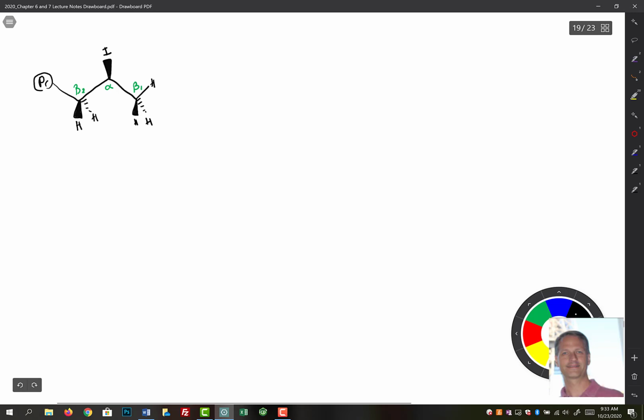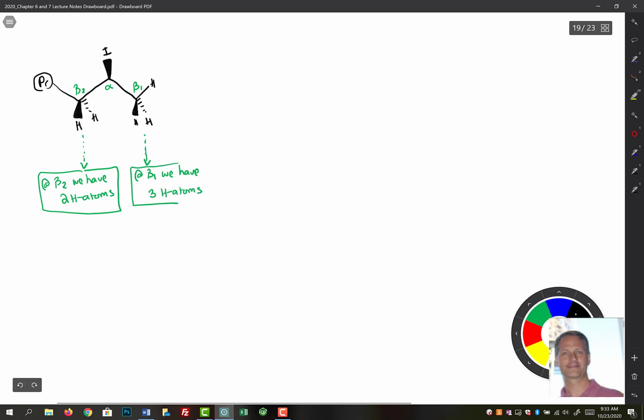And then let's make a little note down here because I want to show you a trend. So here at beta 2, we have 2 H atoms. That's important to note. And then here at beta 1, we have 3 H atoms.